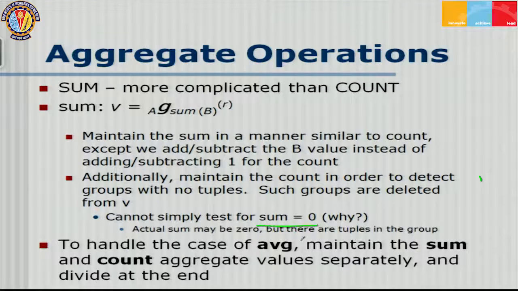That's why we need to maintain the count as well, in order to delete that particular group from the view. And to handle the case of average, average is nothing but the sum divided by the count. So you have to maintain sum and count separately, and then at the end you do the divide to get the average.